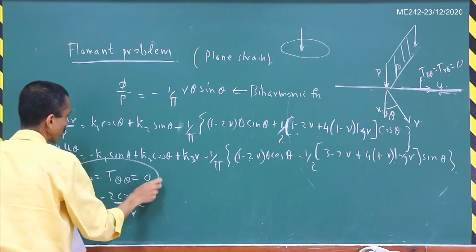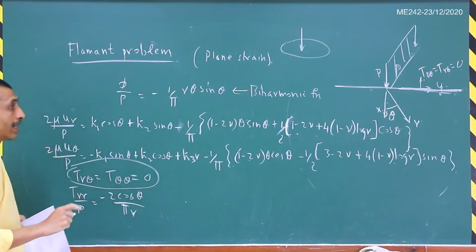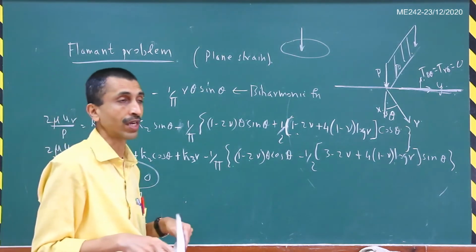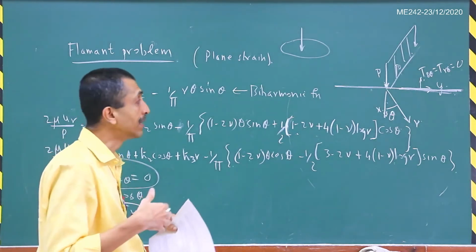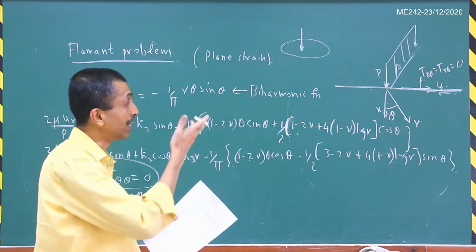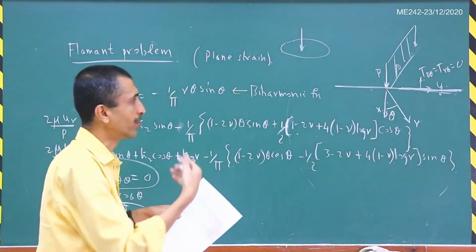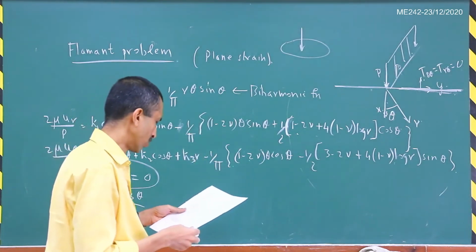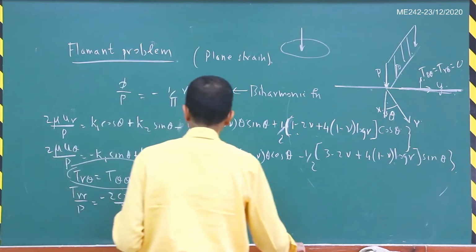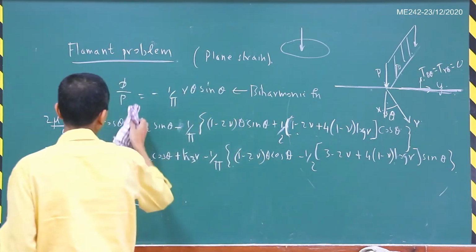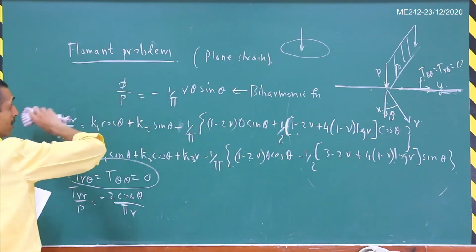The other condition that we need to satisfy is that the resultant of the load in the x direction should be equal to p, or minus p if you take the sign into account. So we need to check that this solution gives us that resultant.